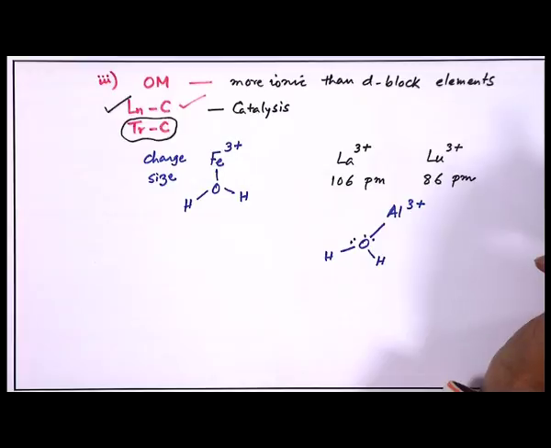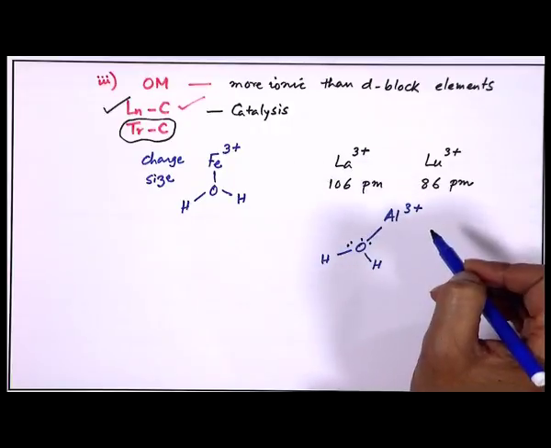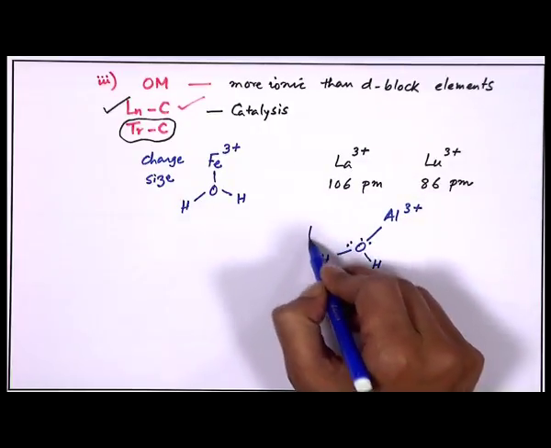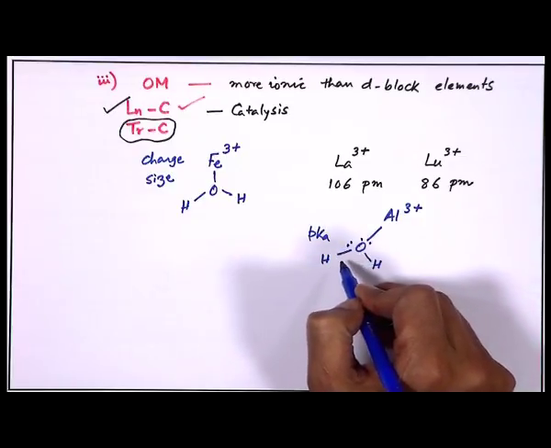So, charge by size ratio we always consider in solid state chemistry, but here also the charge and size play an important role in modulating the pK value of these bound water molecules.